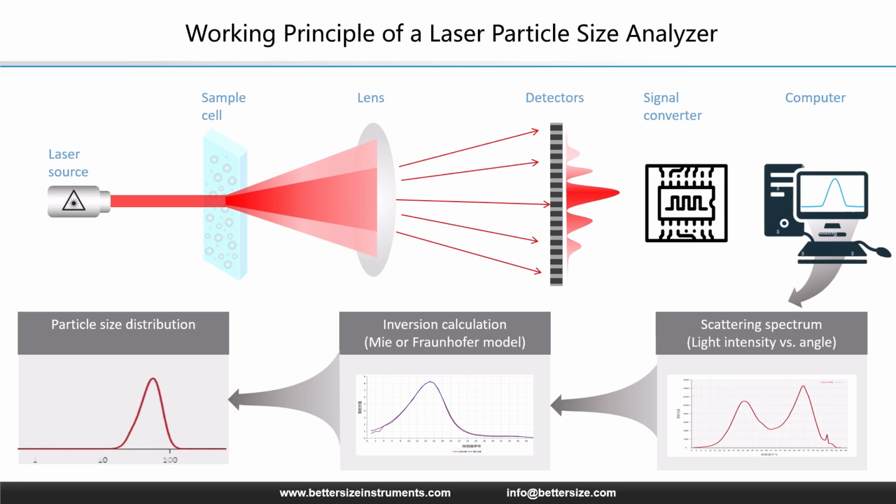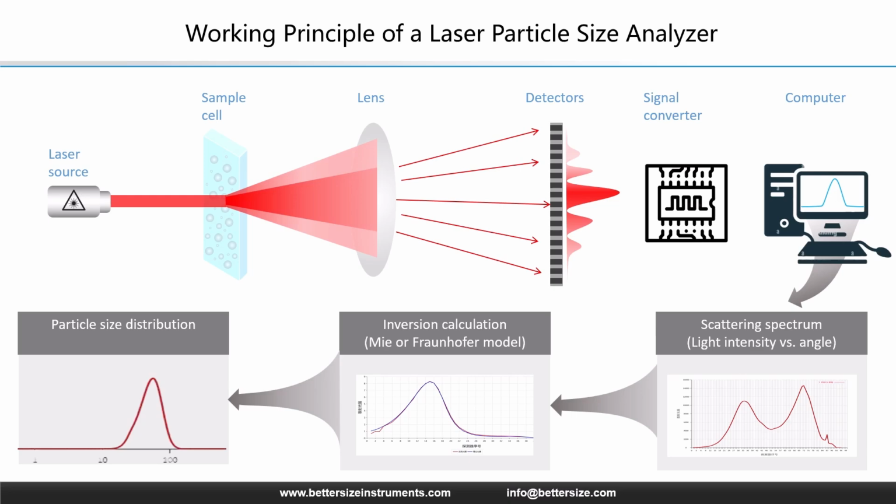This is where the algorithm of the Bettersizer takes over. The software performs an inversion calculation. It asks a complex mathematical question: based on the mean of Fraunhofer theory, what combination of particle sizes would create exactly this spectrum?